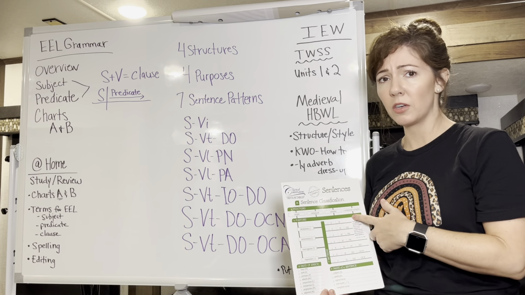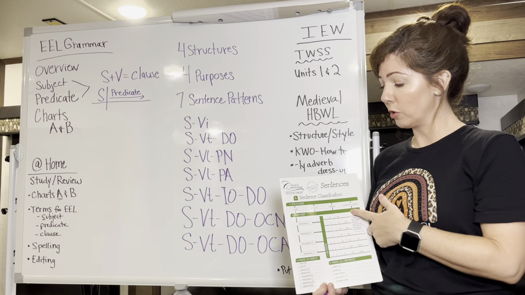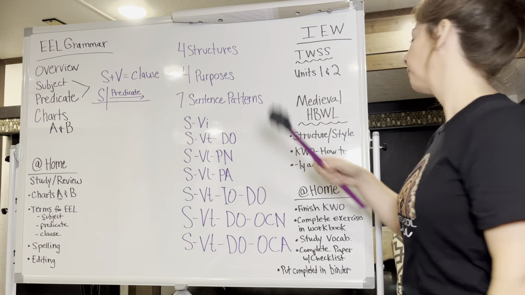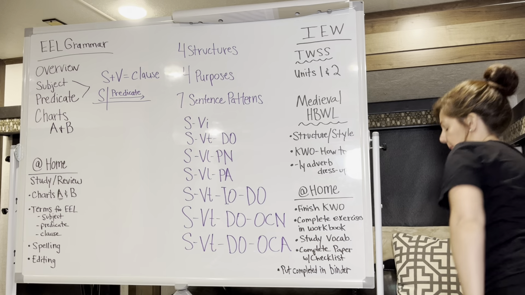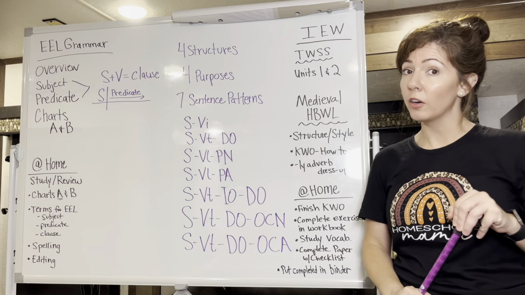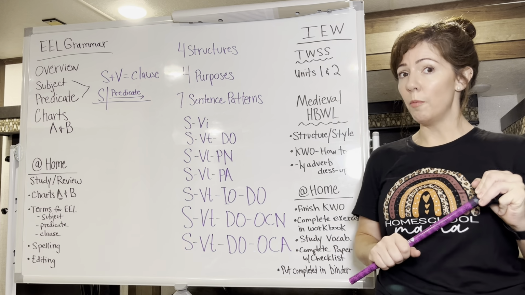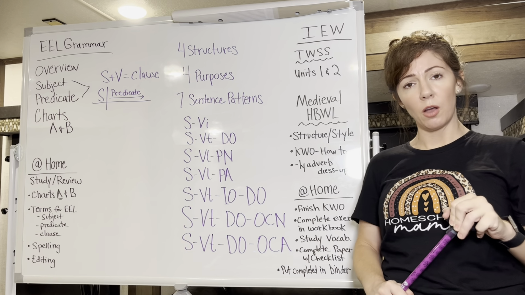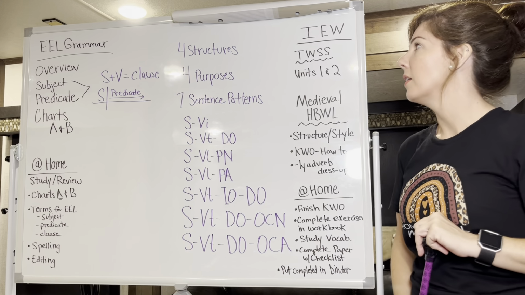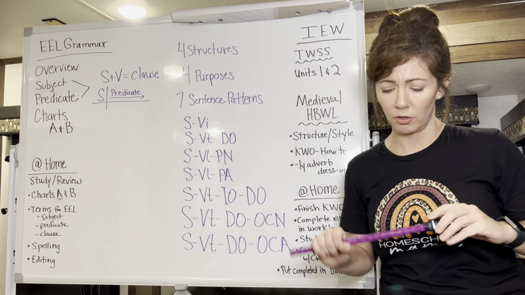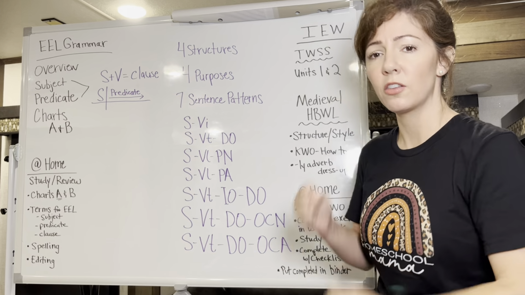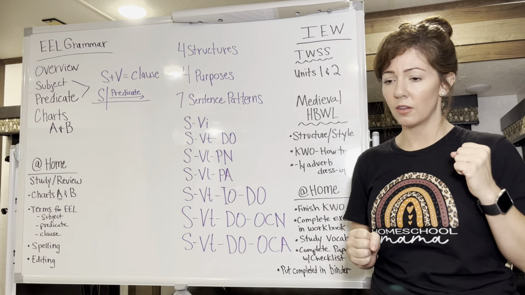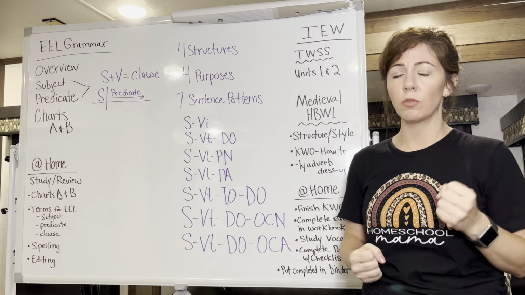So we'll start with the top of chart A. That is our 4 structures. Our 4 structures are simple, compound, complex, and compound complex. And I'll go ahead and show you our little hand motions. I don't have a desk right here, but kiddos, parents, it's fun to beat this one out gently.